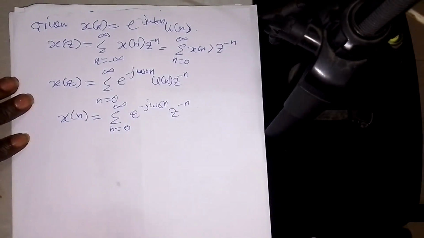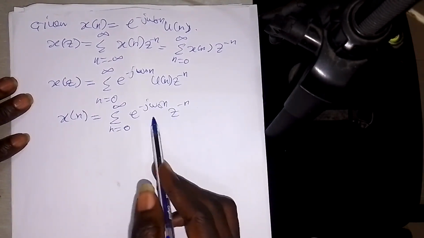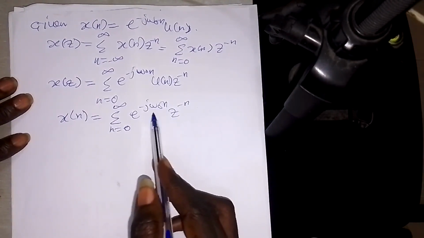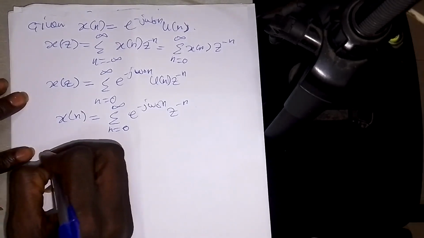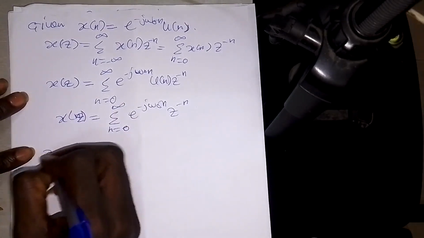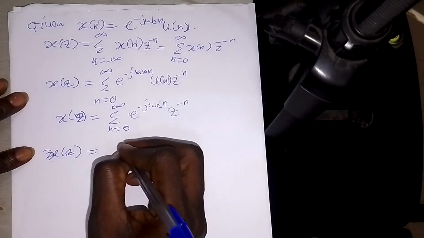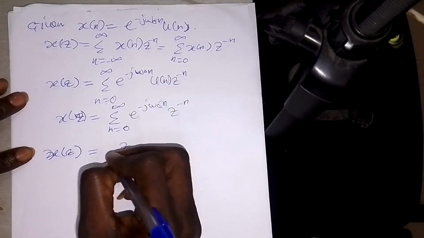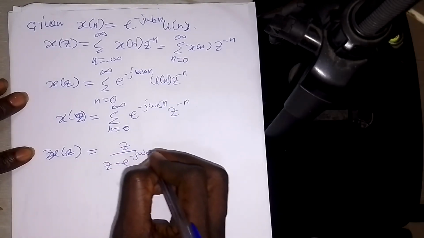So now if you have a sequence like this, and you want the Z transform of this one, then you should know that the Z transform is supposed to be equal to z over z minus e minus j omega naught n.